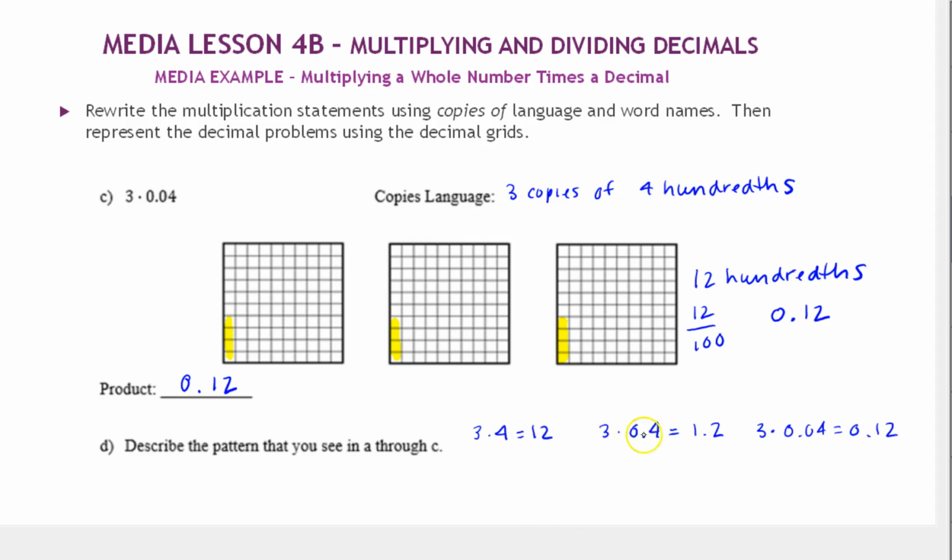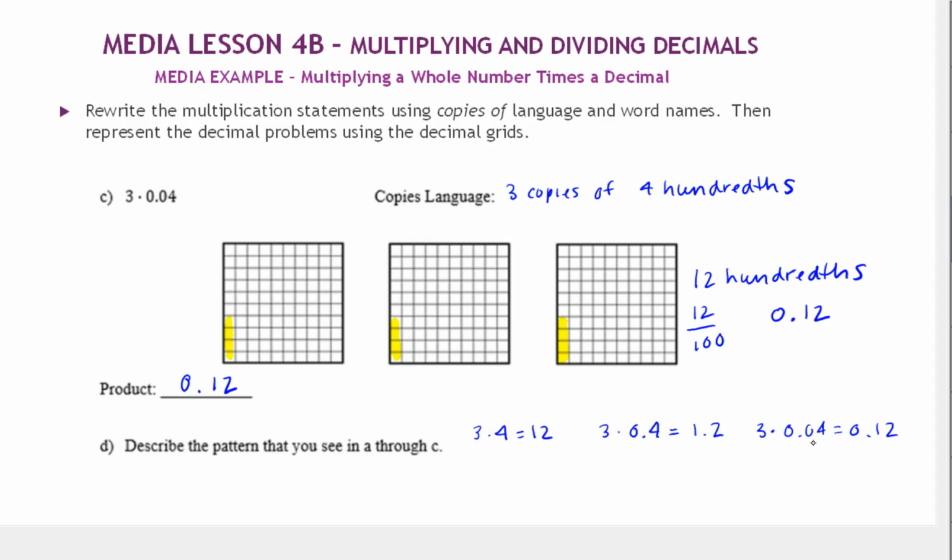In each of these, we have the digits 1, 2. There were 12 of something. Okay, here it was 12 ones, here it was 12 tenths, and here it was 12 hundredths. And what changed is where the decimal ended up, or basically the place value, which was dependent on what we were taking 3 copies of.